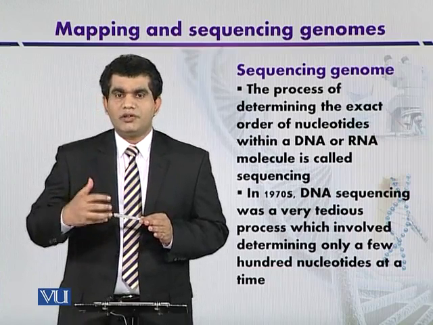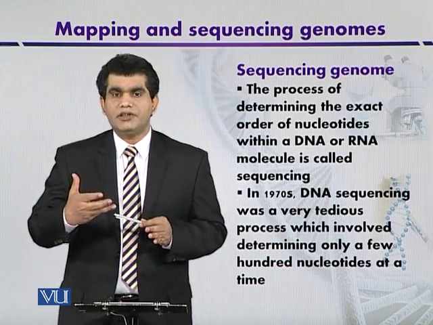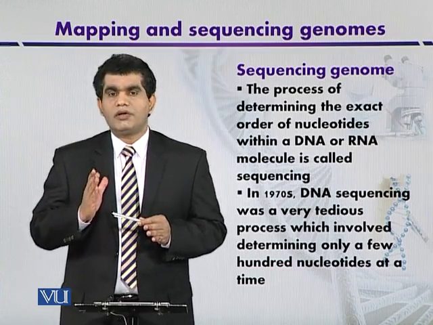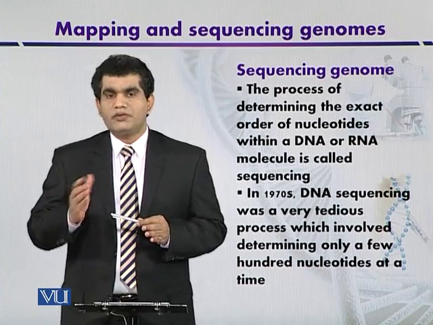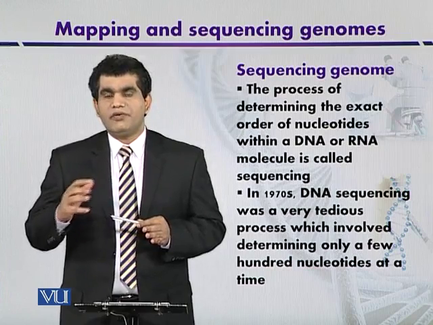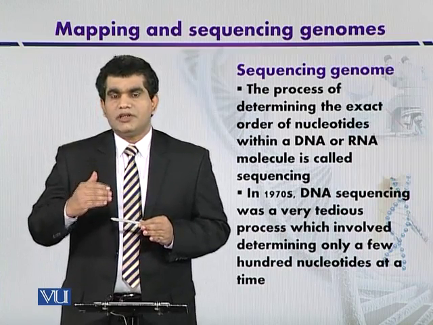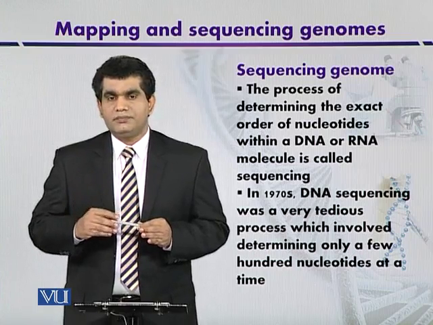So the base will be altered by certain reagents, like in the case of cytosine, hydrazine may be there. The altered base can be removed, and we will get different fragments that are variable in their sizes, and then they can be separated on the gel.